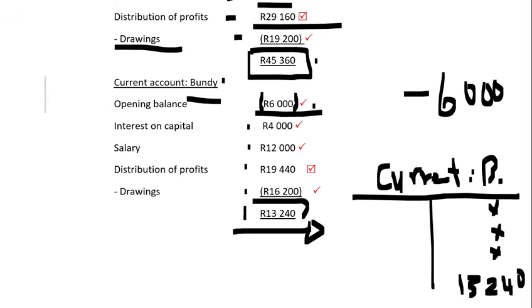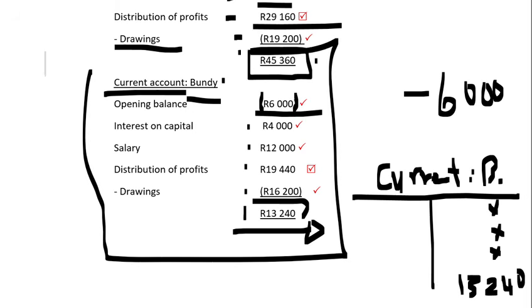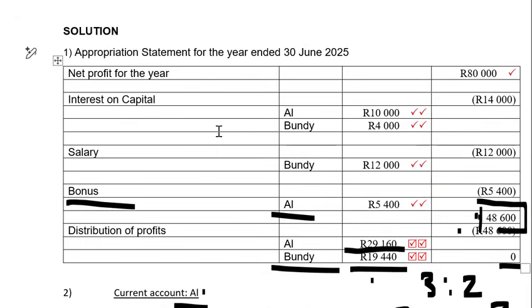But in your typical question, they don't ask for the general ledger accounts for the NMU students. They're asking just to work out the current account balance for each partner, and they also ask for an appropriation statement.